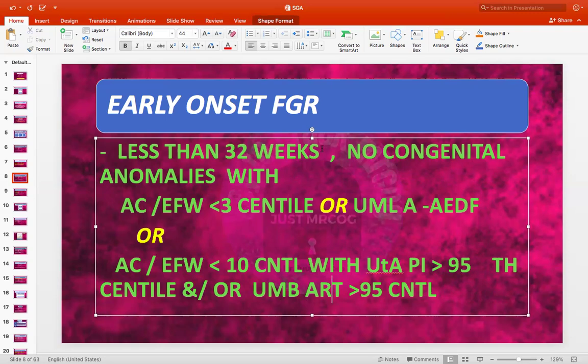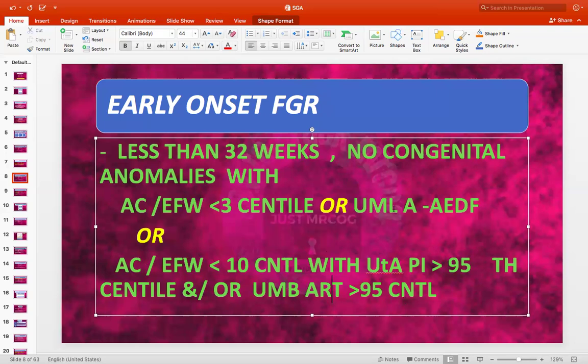So less than 32 weeks and no congenital anomalies first. And with this, we have one of these two: either AC or estimated fetal weight less than third centile, or AC or estimated fetal weight less than 10th centile, but with umbilical PI or uterine PI more than 95th centile.